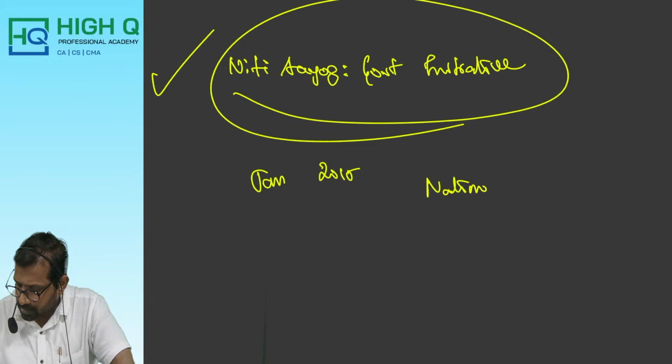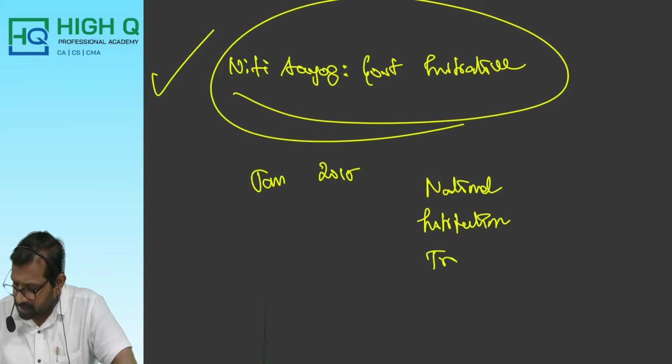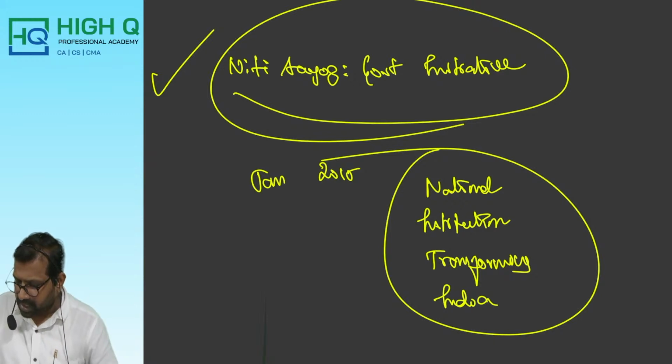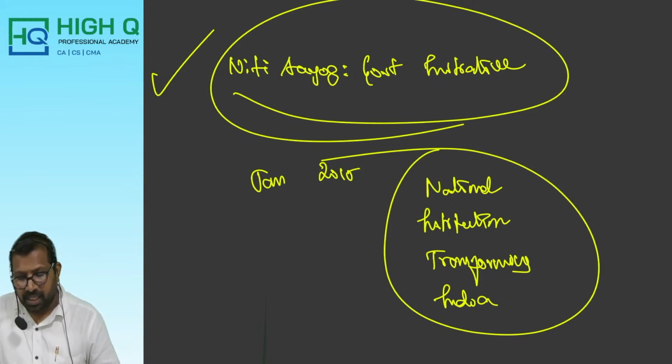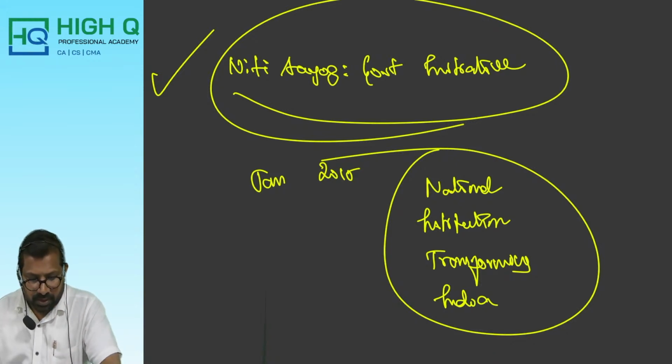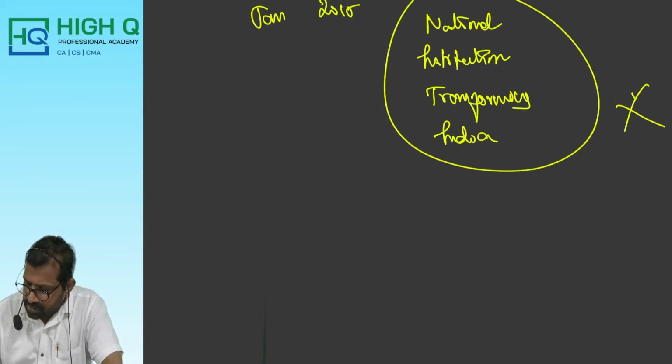N represents National, I represents Institution, T represents Transforming, I represents India. Okay, Niti Aayog, National Institution for Transforming India, replaced the earlier apex policy-making body, namely the Planning Commission. This concept is very much important.